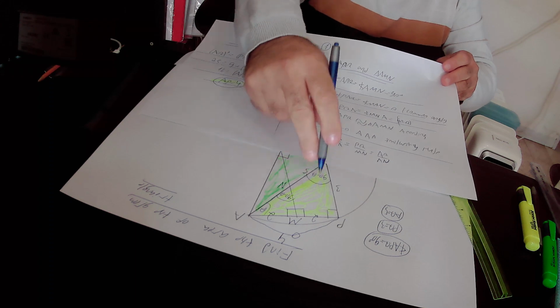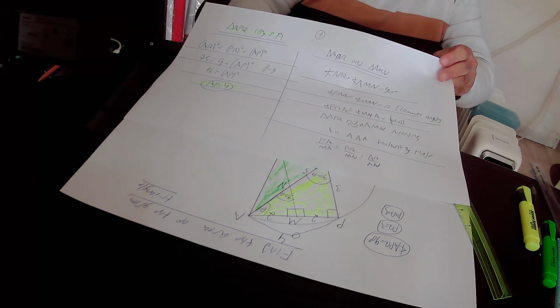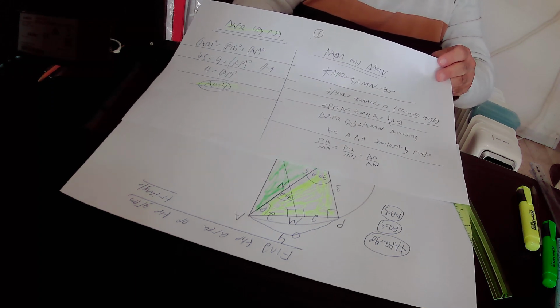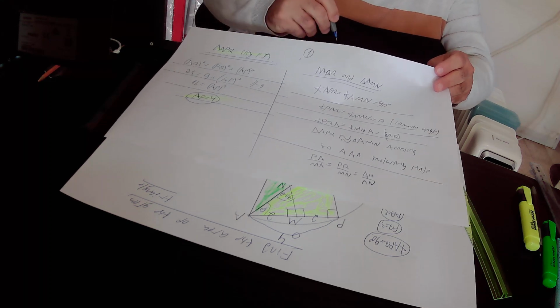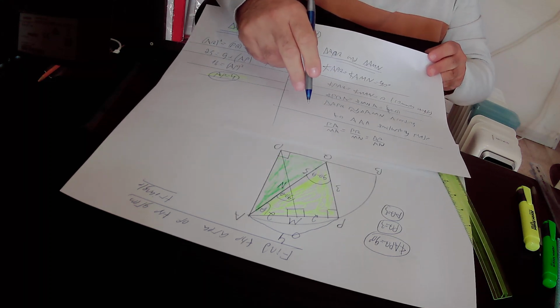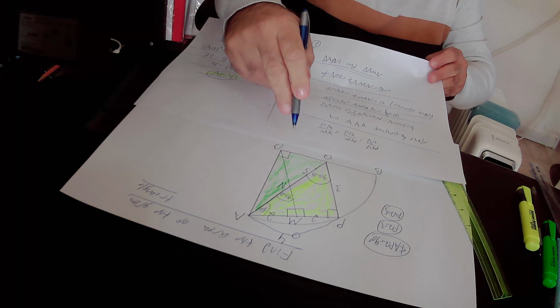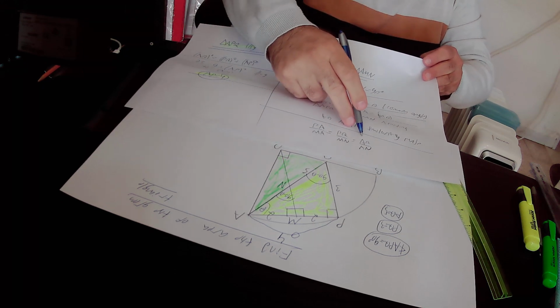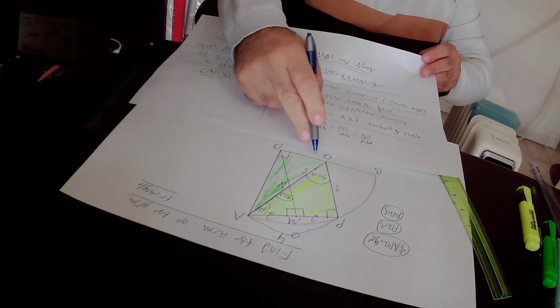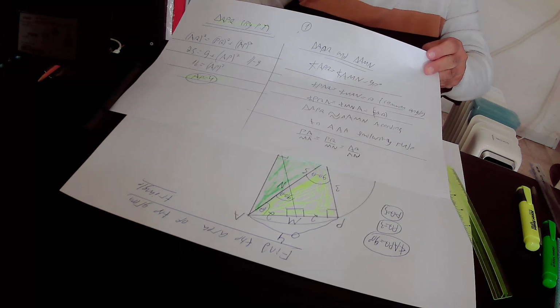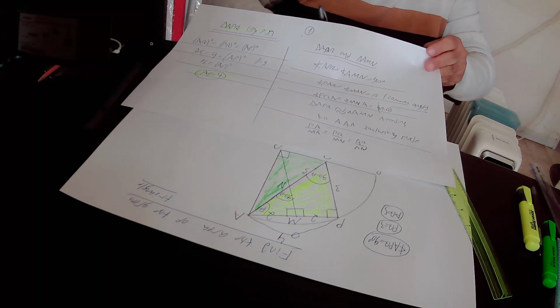MN is unknown, so we leave it as it is, and it is equal to AQ, AQ is 5, over AN.